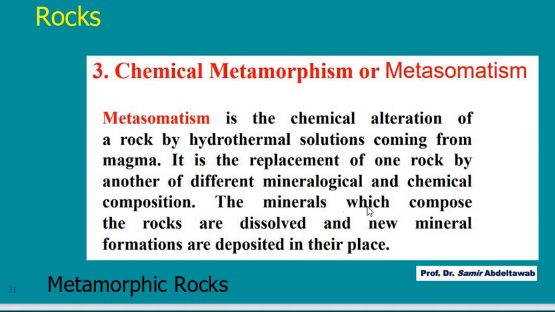The minerals which compose the rock are dissolved and new mineral formations are deposited in their place. Sometimes some of these minerals decompose and other minerals come from outside and replace this material. So it ends up having another material.